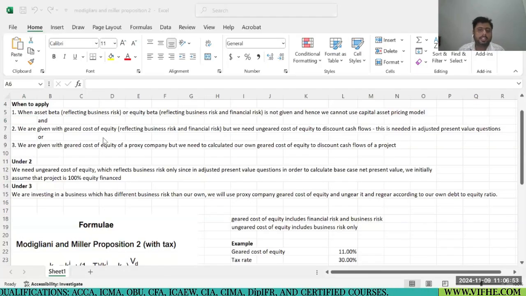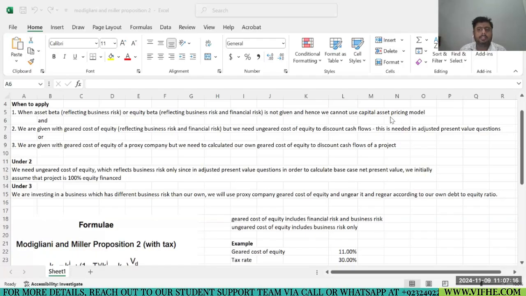So the first hint in your question for applying the M&M proposition is that you will not find asset beta or equity beta, and hence it is not possible to apply the capital asset pricing model.